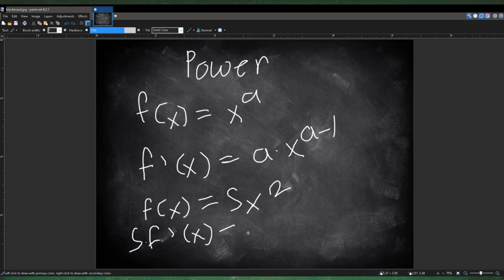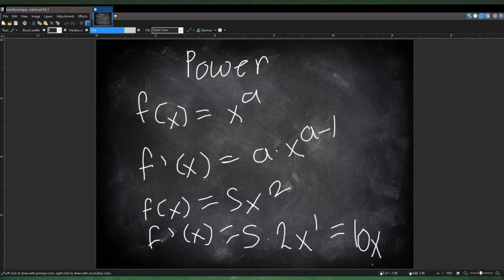Then we just have to find the derivative of x squared, basically. So the constant doesn't affect it, because that's the constant rule for derivatives. So you have 5, and the derivative of x squared, move the 2 to the front, and then times x, and then 2 minus 1 is 1. So this will get us to 10x.